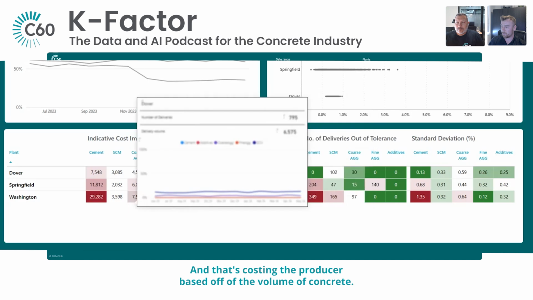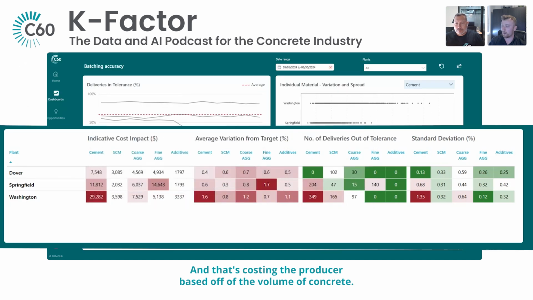And that's costing the producer, based off of the volume of concrete they're doing, $29,000 a year. So this really drives home the importance of identifying and correcting issues when it comes to batch accuracy, which will improve not only your cost and material usage, but the quality of your concrete as well, knowing that each time you batch a load, it's going to come out the same each and every day.